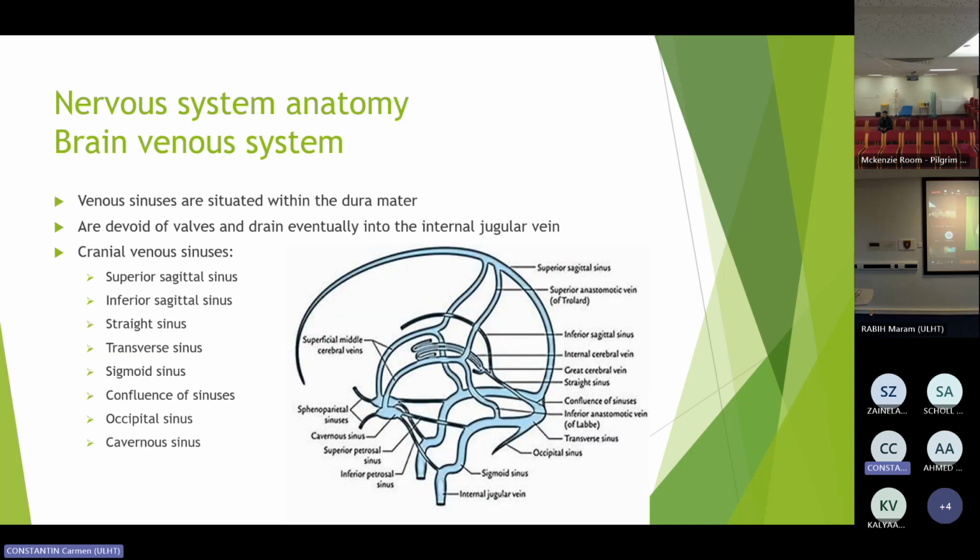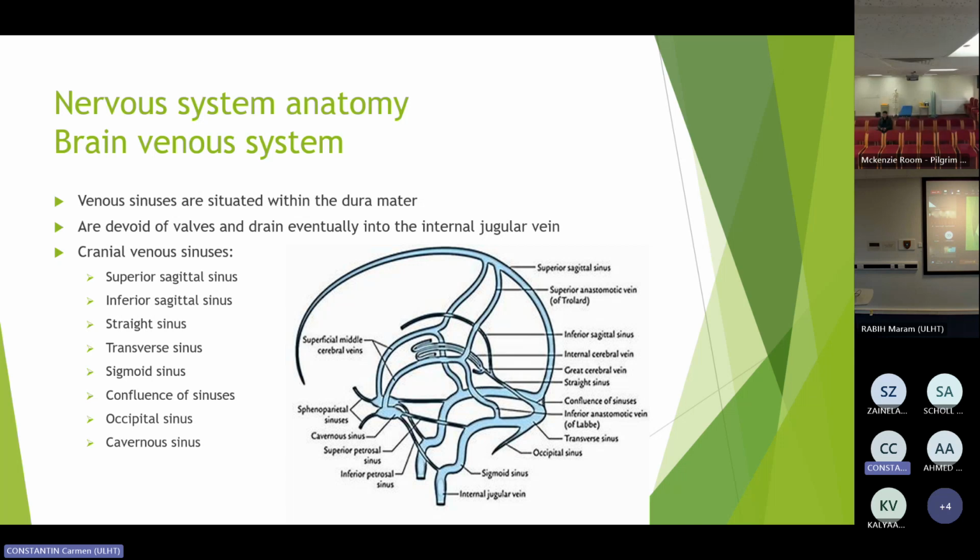Now we'll move to the venous system of the brain. As you know, venous sinuses are localized in the dura mater. It is a system devoid of valves that drains eventually into the internal jugular vein. We have a lot of venous sinuses.